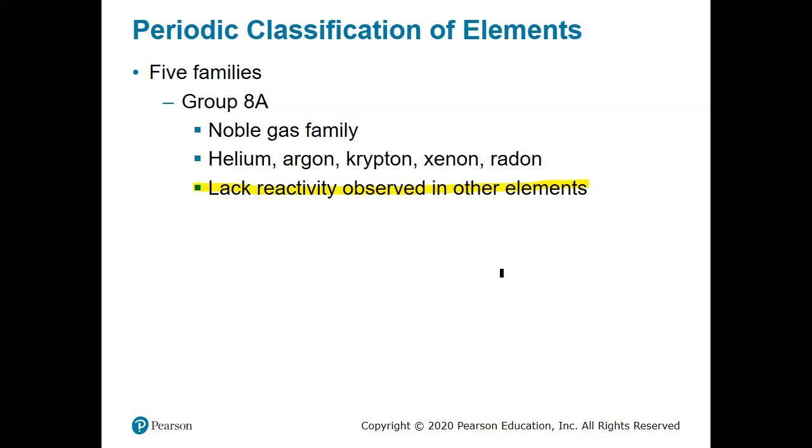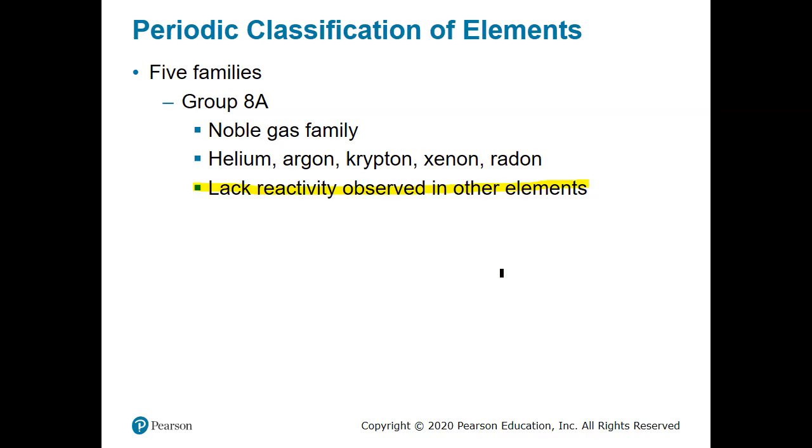So unlike the other ones in the other four families that we discussed, alkali metals, reactive. Alkaline earth metals, reactive but less so. Chalcogens, reactive but less so. Halogens, extremely reactive. Noble gases, not reactive. Really not at all.